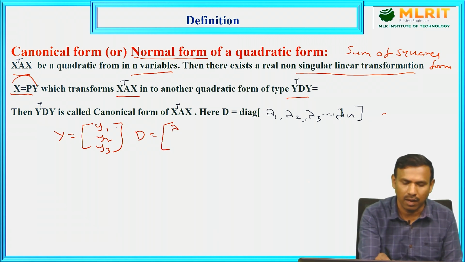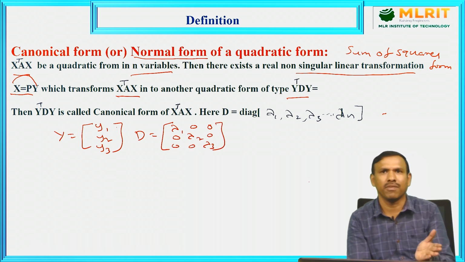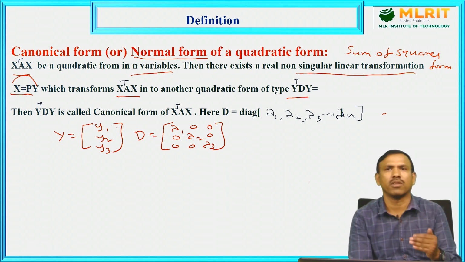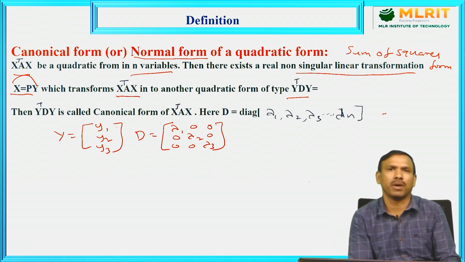Let us say lambda 1, 0, 0, 0, lambda 2, 0, 0, 0, lambda 3. I am just restricting to 3 by 3. Similarly we can extend it for n variables y1, y2, y3, so on, yn, with eigenvalues lambda 1, lambda 2, lambda 3, so on, lambda n as the principal diagonal elements.